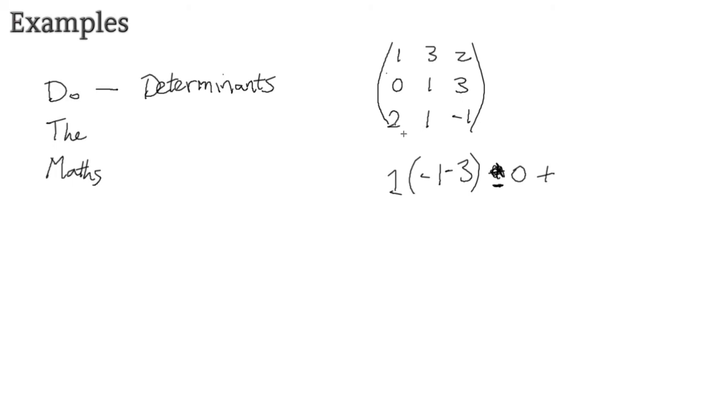Then I add a 2 times the determinant of this 2 by 2, which is 3 times 3 is 9, take away 2 times 1, which is 2. So with that, we have minus 4 plus 14, which gives us the determinant, plus 10.